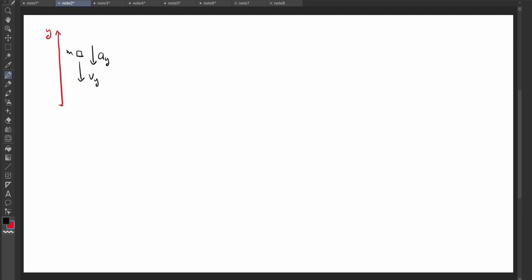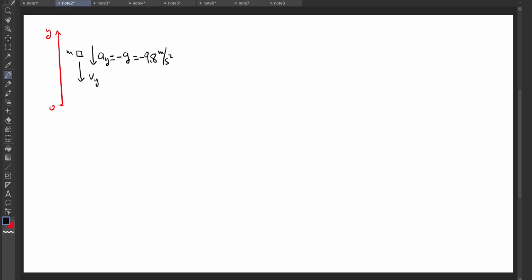Now what will change from the previous expression? Now we see the Vy here will be negative. Ay here will also be negative, and Ay equals negative g, equals negative 9.8 meters per square second.